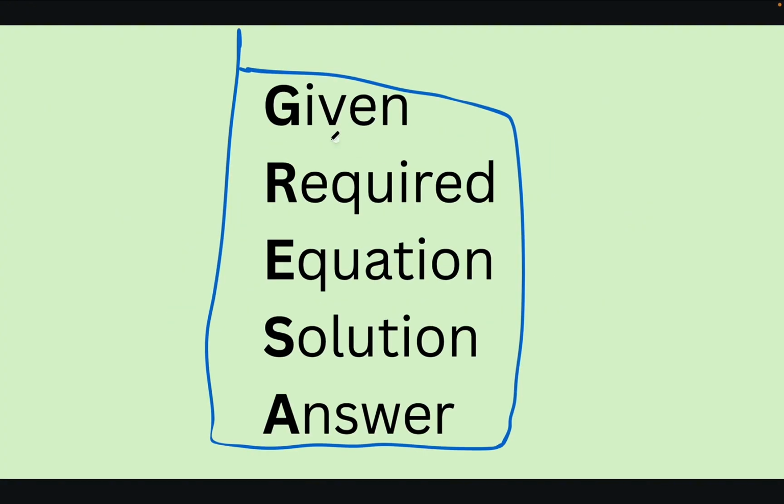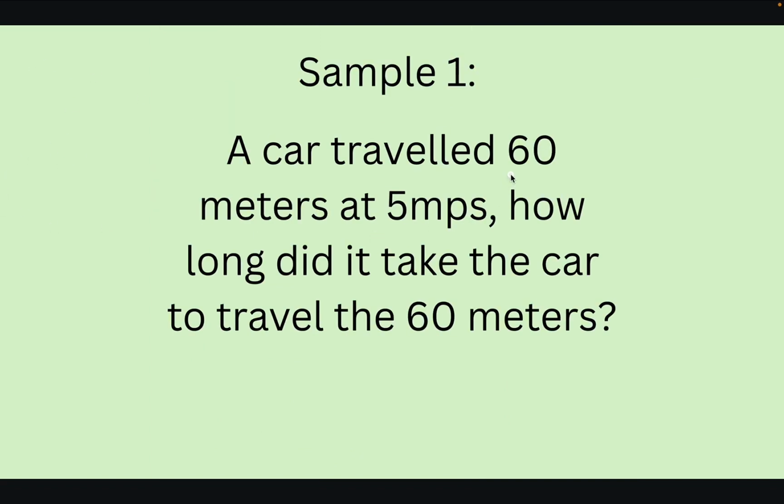So the way GRESA works is each of these letters stands for a different thing. If you remember the thing shown on screen, this one, G stands for given, R stands for required, E equation, solution, answer, stuff like that. And what given means in this scenario is what is given by the problem. So in this problem, it says that this car traveled 60 meters and it says what this car's speed is, 5 meters per second.